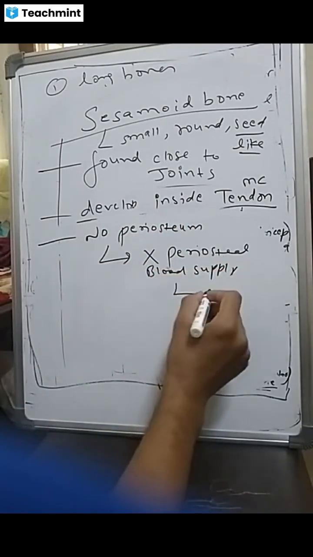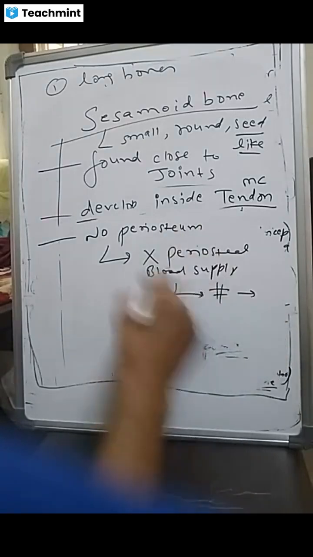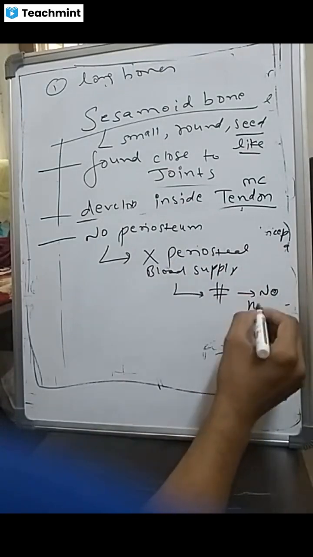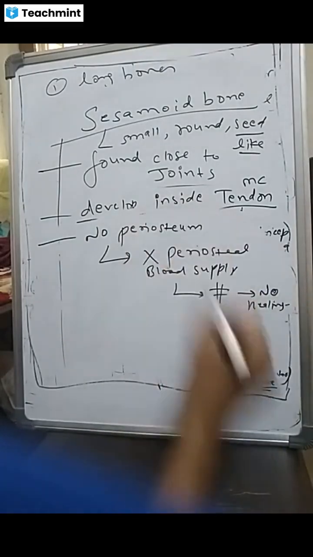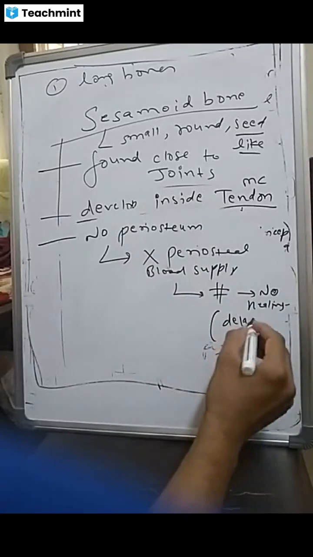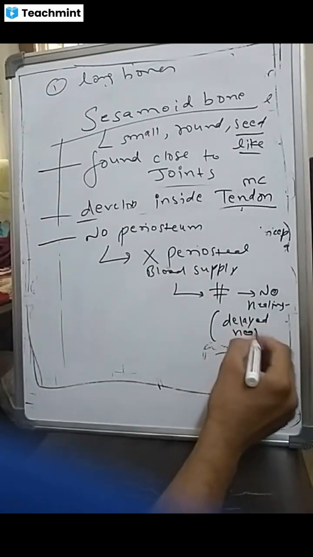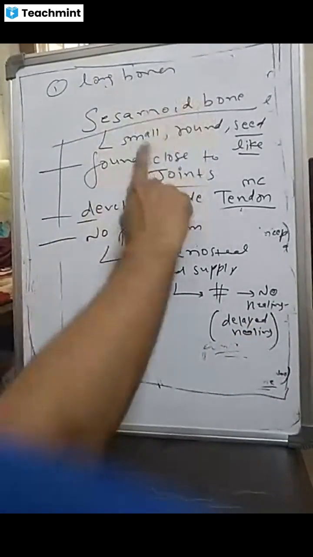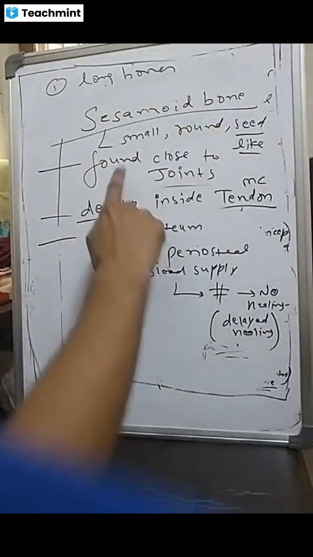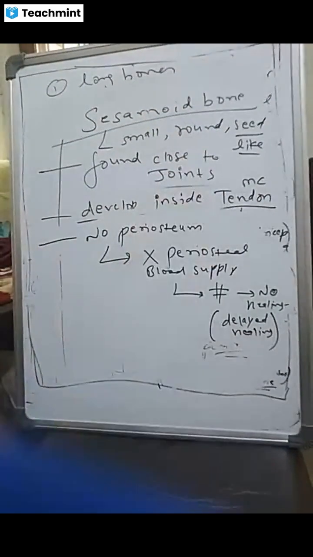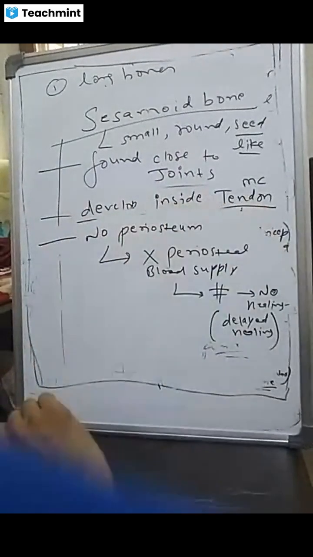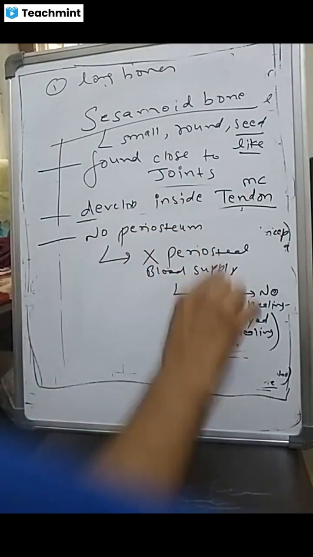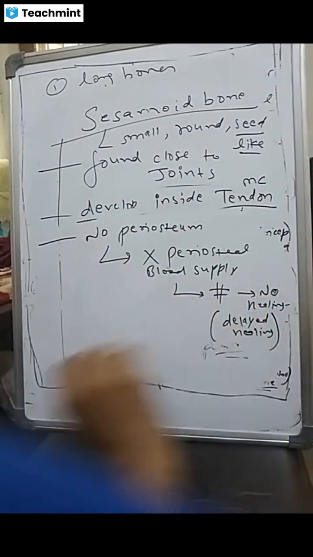If there is a fracture of these bones, there is no healing, or rather delayed healing. So a sesamoid bone is a small round structure found near joints, developing inside a tendon. It does not have periosteum, so no blood supply, and no or delayed healing.